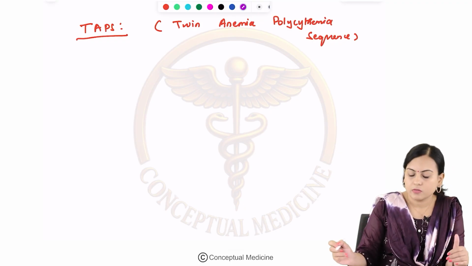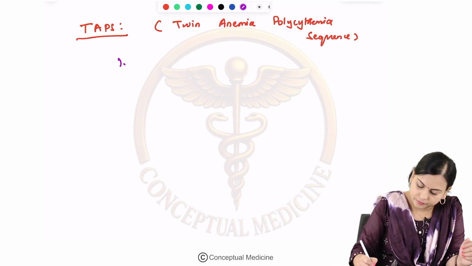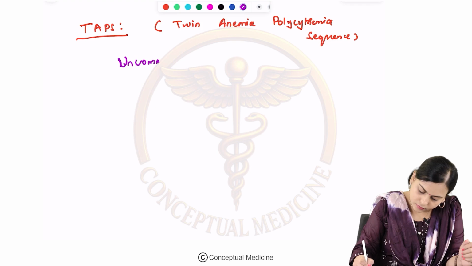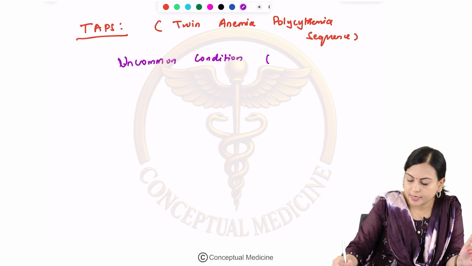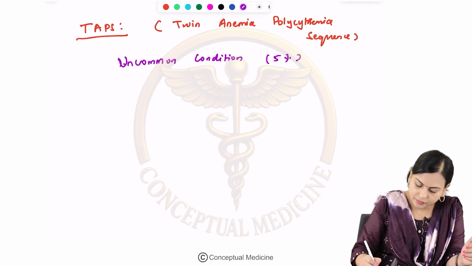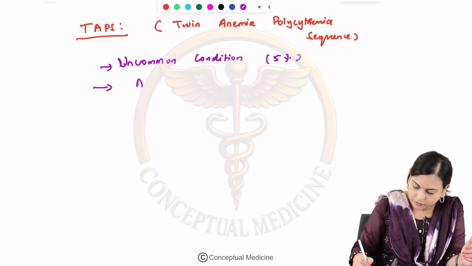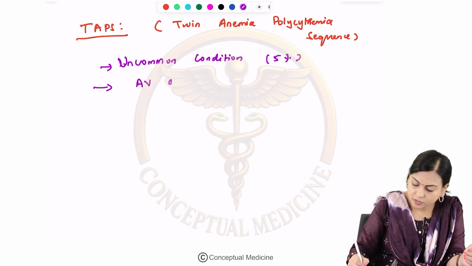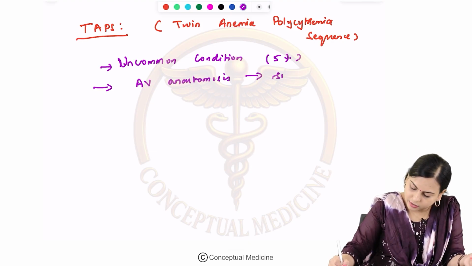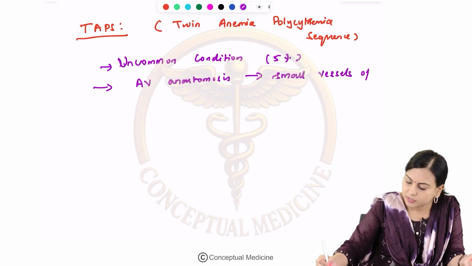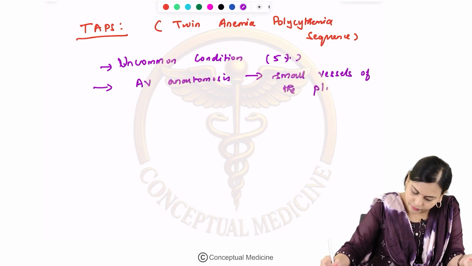Now, this is one of the uncommon conditions. It can be seen only in 5% of the cases. And if you see, there is arteriovenous anastomosis here that is present in the small vessels of the placenta.